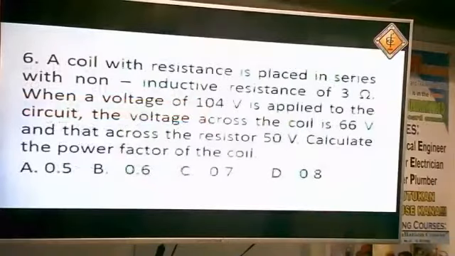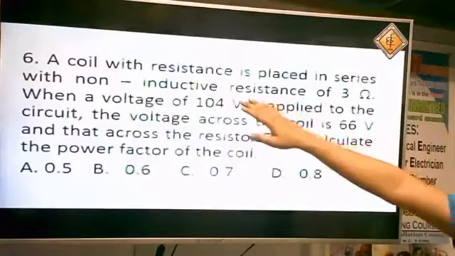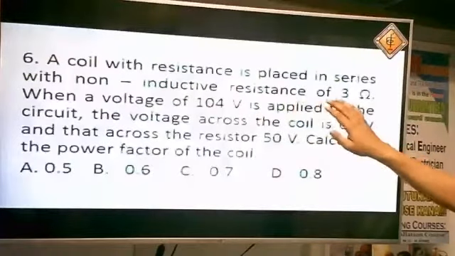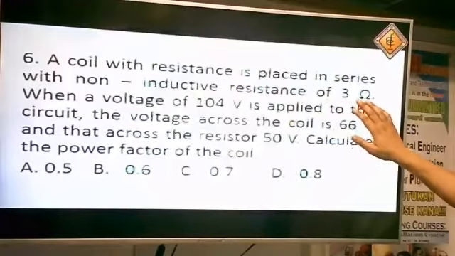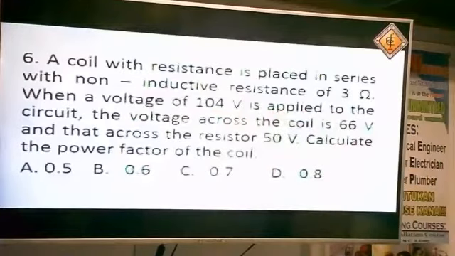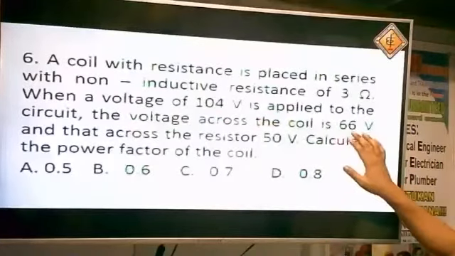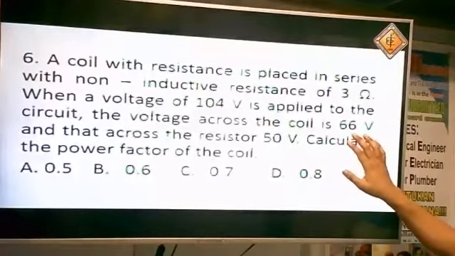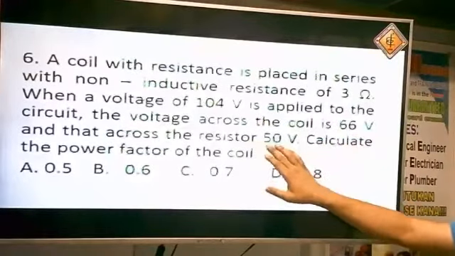Okay, let's go now to problem number 6. A coil with a resistance is placed in series with a non-inductive resistance of 3 ohms. When a voltage of 104 volts is applied to the circuit, the voltage across the coil is 66 volts, and that across the resistor is 50 volts.